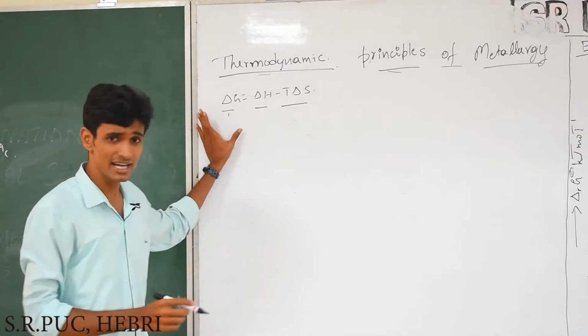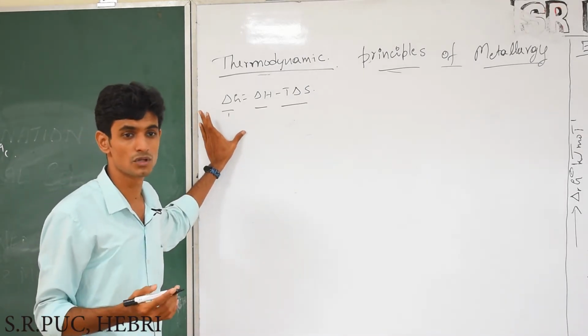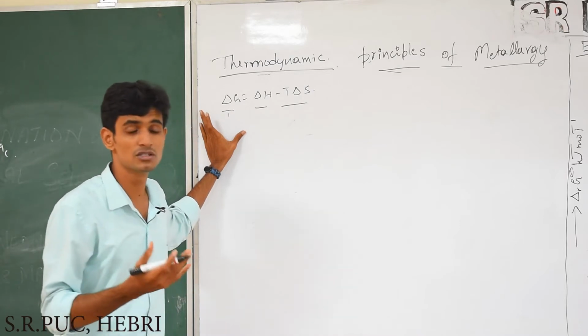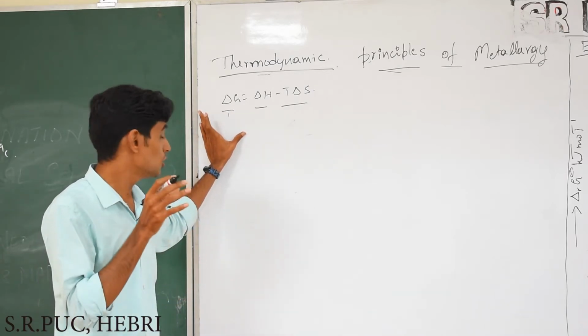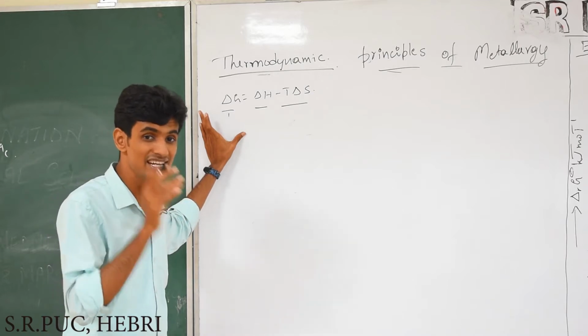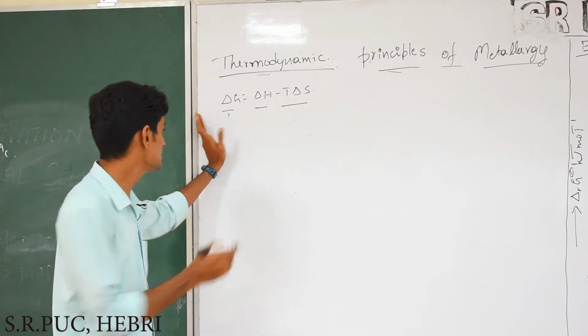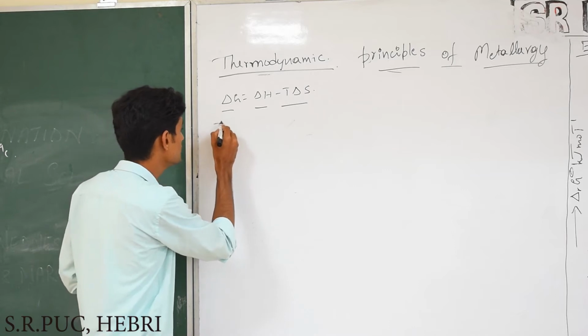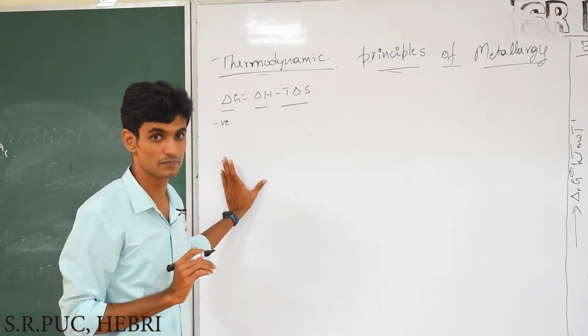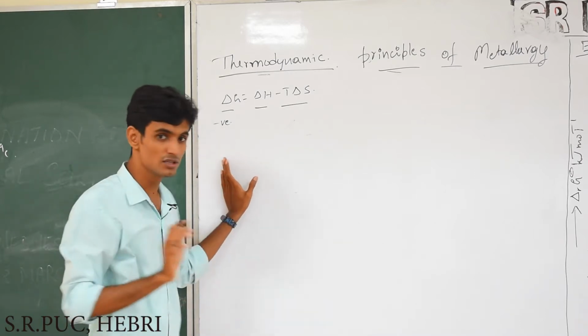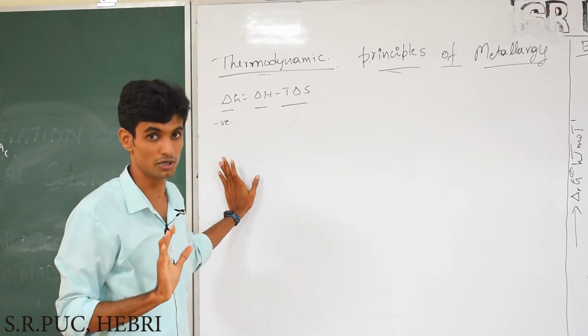Now when the reaction is feasible, that is, it will occur by itself, the delta G of the reaction is negative. If this is positive, the reaction will not occur.